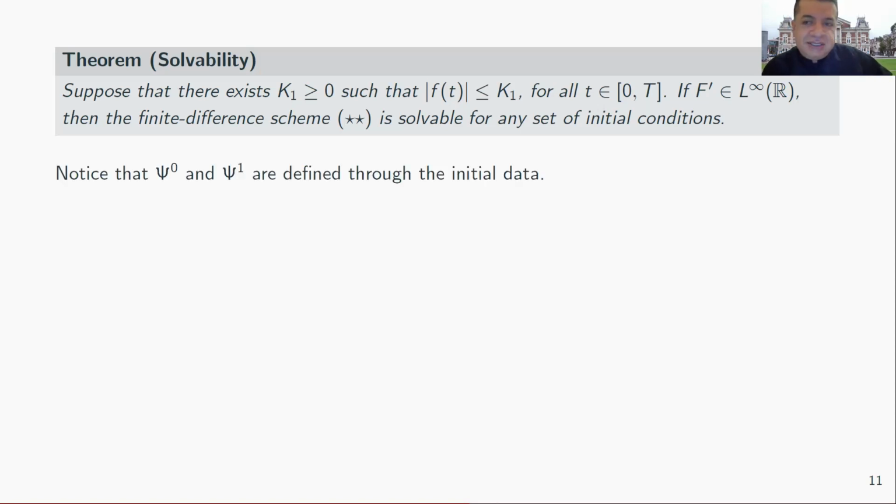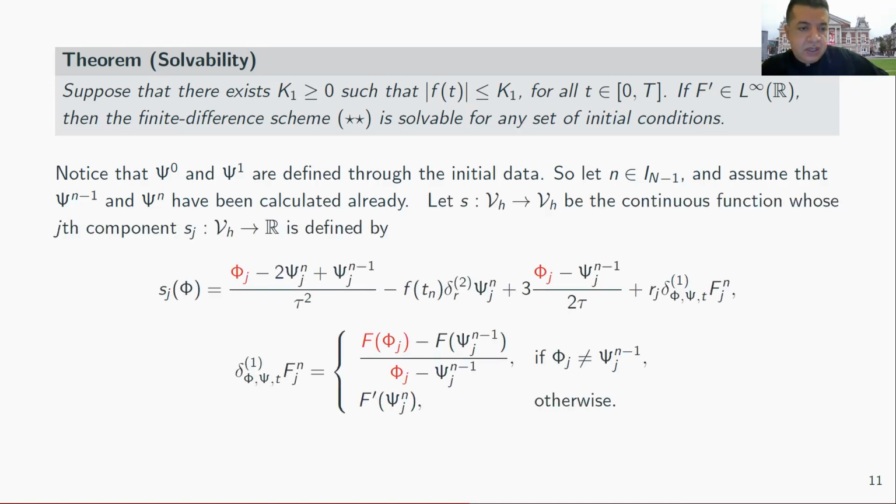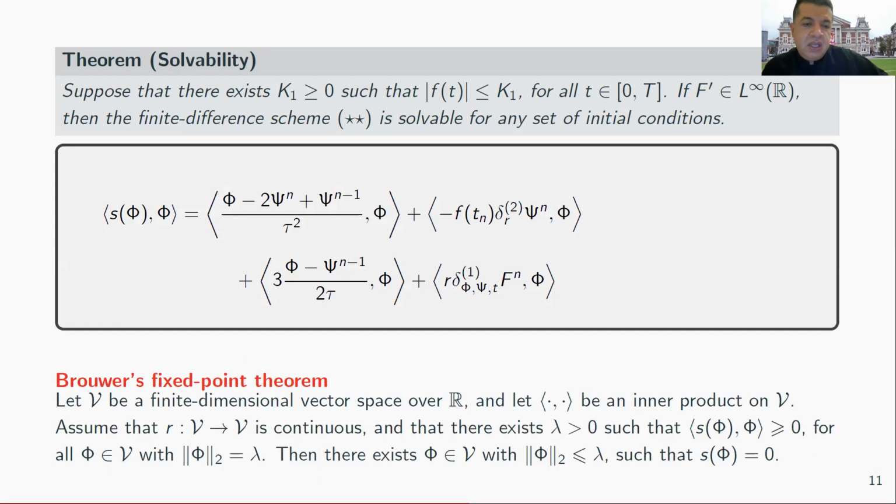Okay, let's start with the initial data. So we assume that psi n minus 1 and psi n can be calculated already. And we define the component S in the following form. And let's perform the following inner product. And as I commented, we will use the Brouwer fixed point theorem.